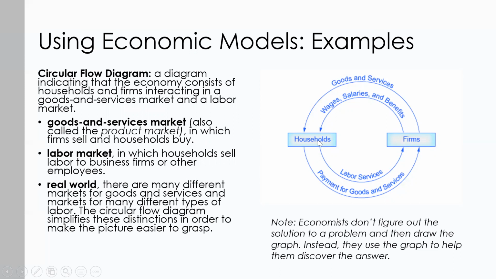Coming from the household, we give off labor services, and then payment for goods and services to firms. In turn, the firms produce goods and services, and the firms also pay wages, salary, as well as different benefits. Now, on a micro scale, this is your circular flow model, but on a macro scale, there is government intervention. Okay? This will lead us to our PDF file.